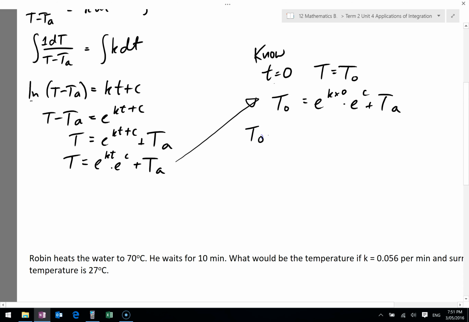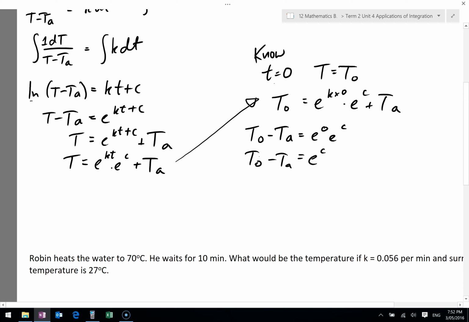So subtract TA from both sides. e to the power k times 0, that's just 0. I can simplify that in this line. I know anything to the power 0 is 1. So e to the power c is T0 minus TA.